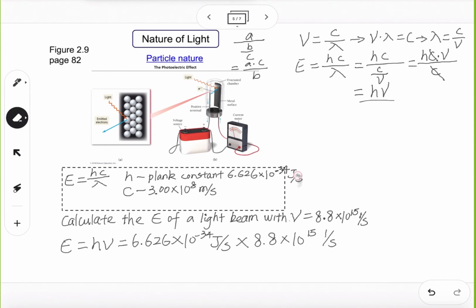One mistake here. The unit for the Planck constant is joule times second. My bad.